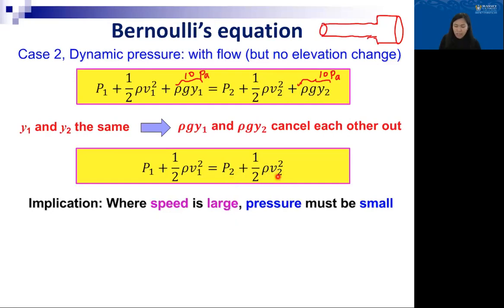This time it's the speed that changes. If you increase the speed, the pressure should decrease accordingly, so that the cumulative effect of the change cancels out and you still get the same value for P2 plus 1/2 rho V2 squared as before.